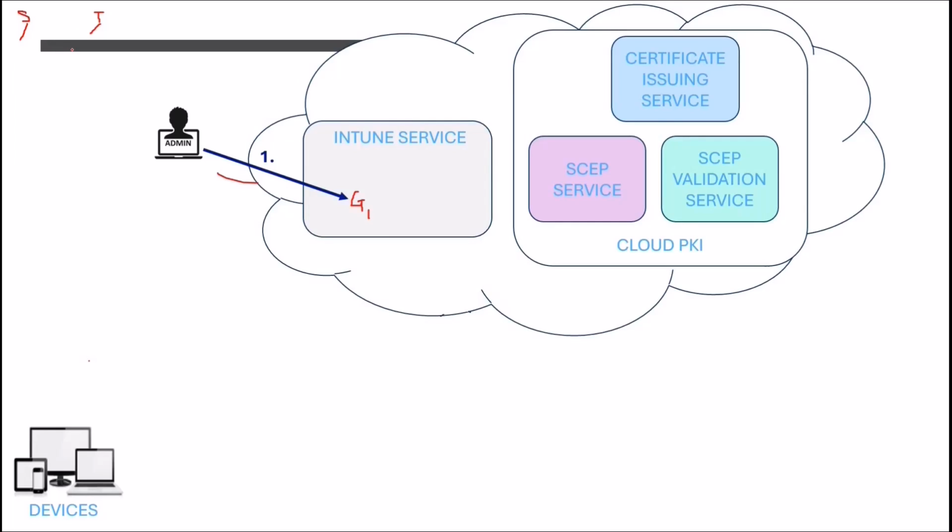Now, what admins usually do is, let's say there is a user A, and user A needs to have a SCEP profile. Let's say user A is part of two groups, group 1 and group 2. So what the admins will do is assign the trusted root profile to group 1 and the SCEP profile to group 2.